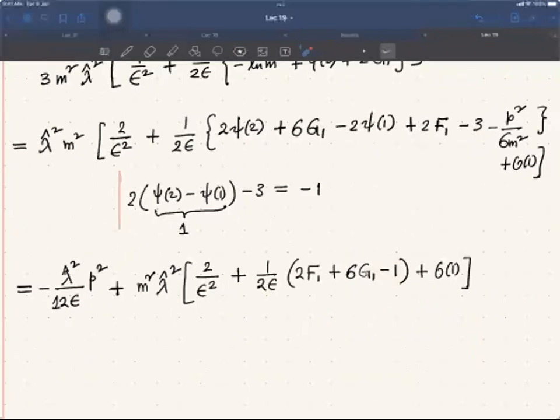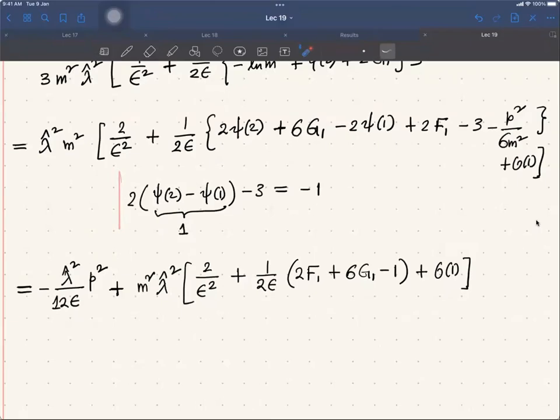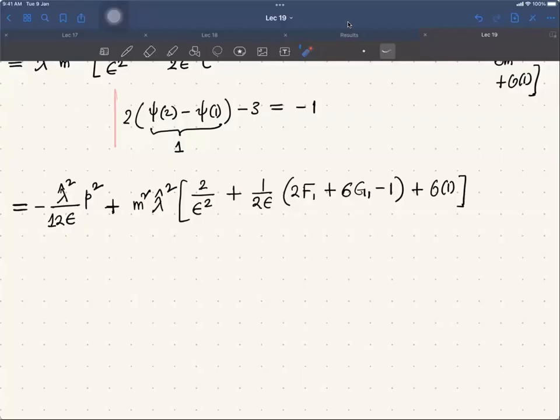Now, let me write this order 1 contribution, give it a name, say f2 of m hat square, which is the order 1 contribution, and then order epsilon.